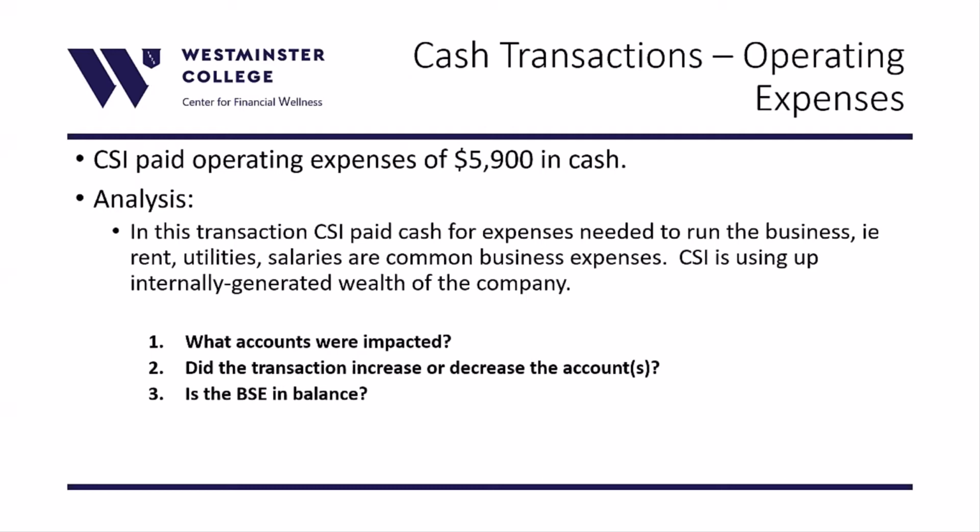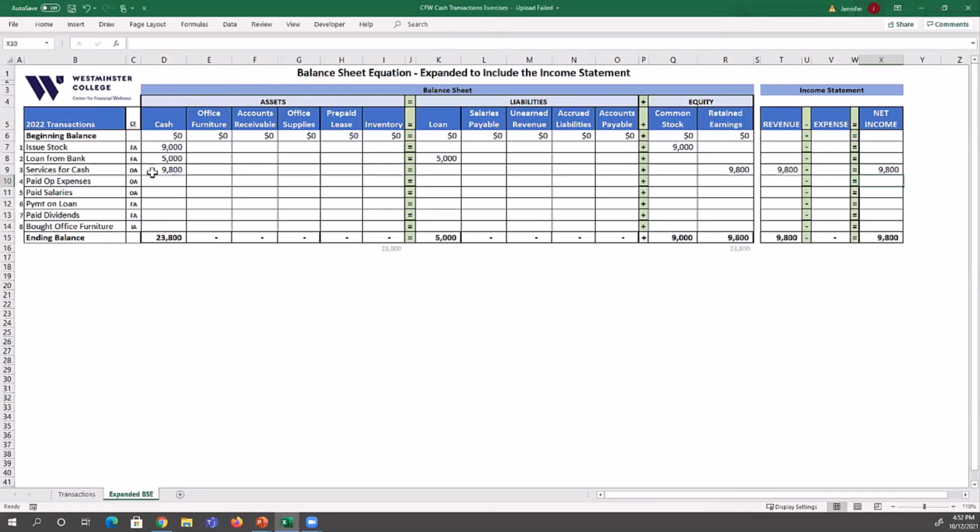Okay, so accounts impacted. Let's look at our balance sheet equation. All right, so they're paying for operating expenses. So they're going to pay in cash, so cash is going to be impacted. And we said that when they do this, the company's going to contract, it's going to get smaller, right? And they're going to actually be using up some of the wealth that they generated.